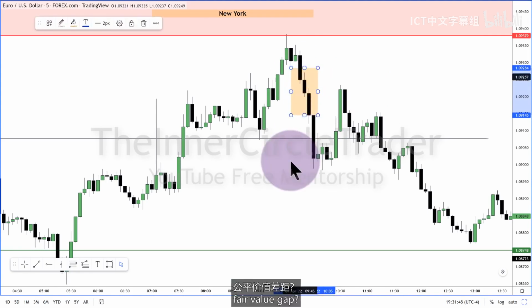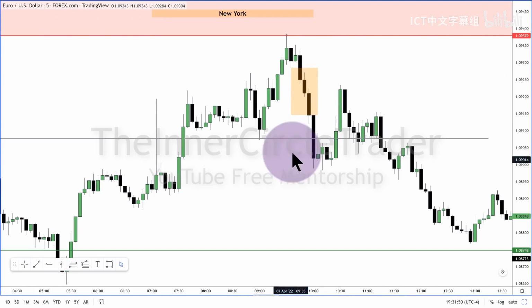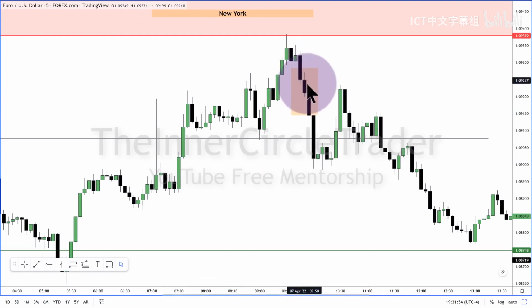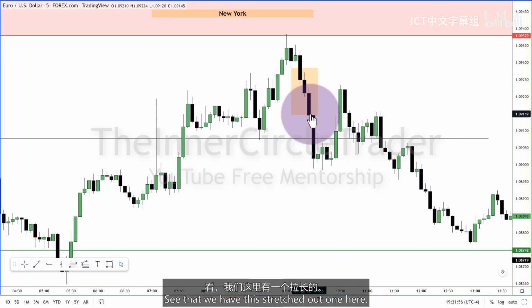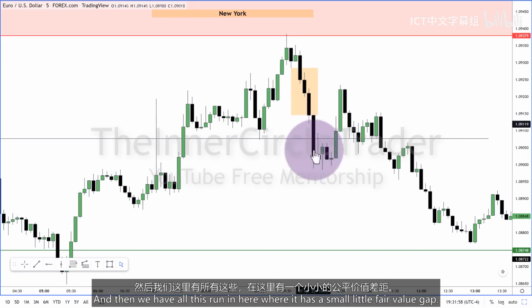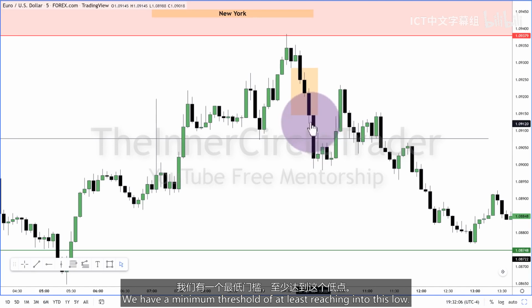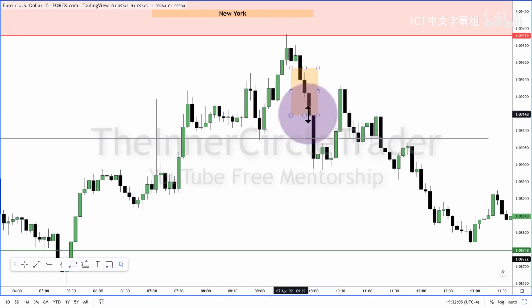Does it have a fair value gap? Well, we have this small one right in here. See that? We have this stretched out one here. Yes. And then we have all this run in here where it has a small little fair value gap. So now think about what's been shown. On that 15-minute time frame, we have a minimum threshold of at least reaching into this low.